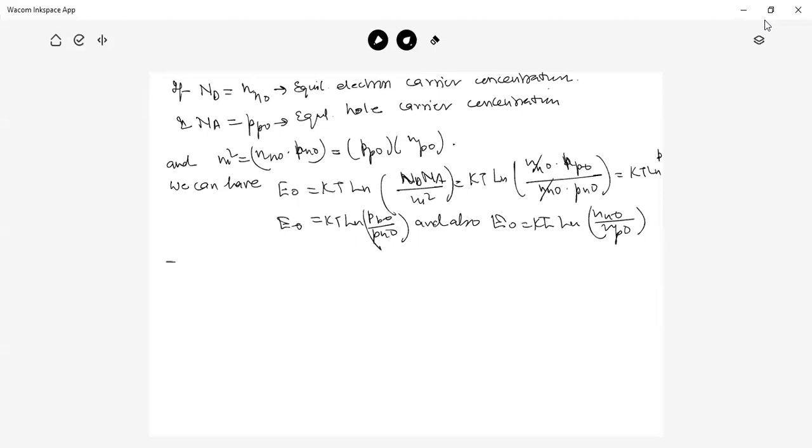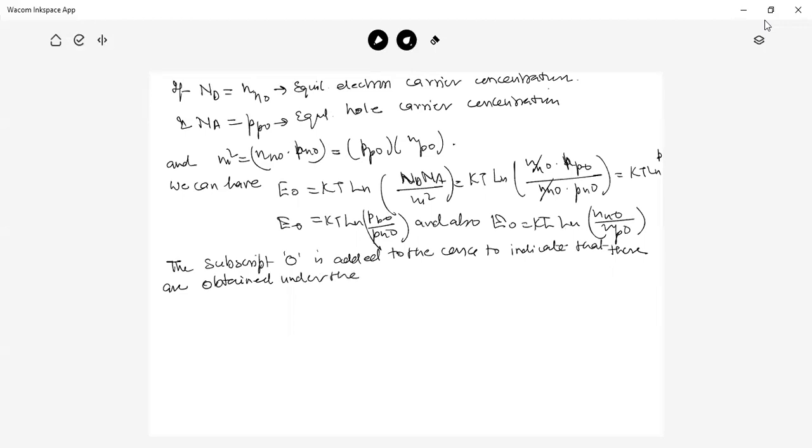The subscript O is added to the concentration to indicate that these are obtained under the condition of thermal equilibrium.